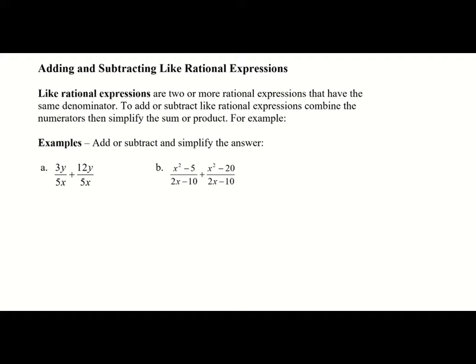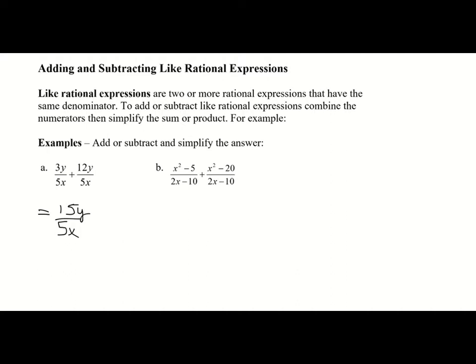So for our first one, we have 3y over 5x plus 12y over 5x. Again, my denominator is the same, so I'm going to keep the 5x on the bottom and add my numerators. So 3y plus 12y, they are like terms, I can add them. It gives me 15y.